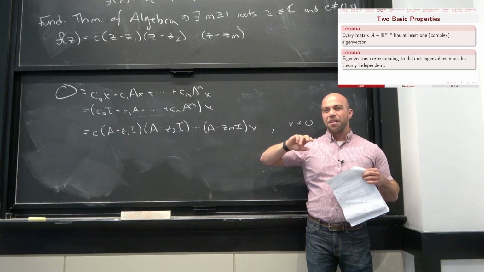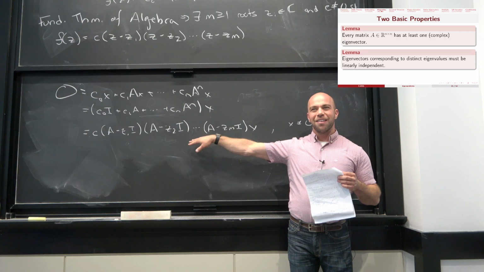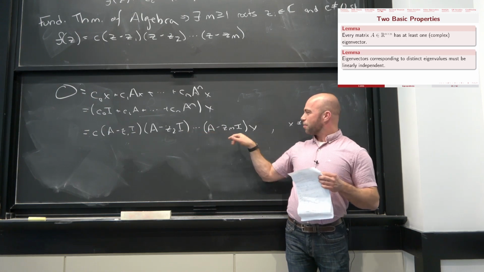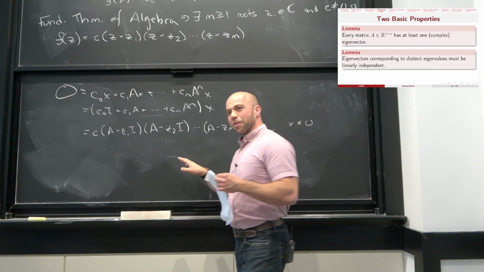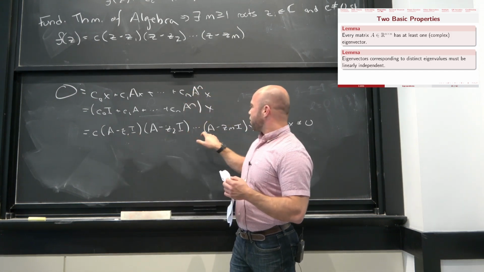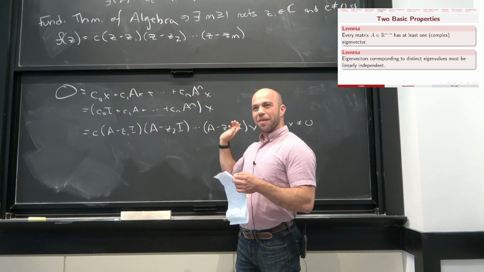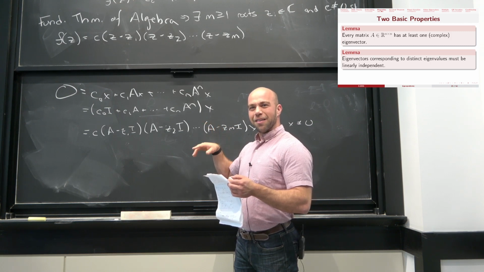So what happens if this product is invertible? I multiply both sides by the inverse, and what I'm left with is x equals 0. But that's a contradiction. So in particular, we know this giant product cannot be invertible. At least one of these matrices must be singular. Does that make sense? Everybody following? We agreeable? Okay.